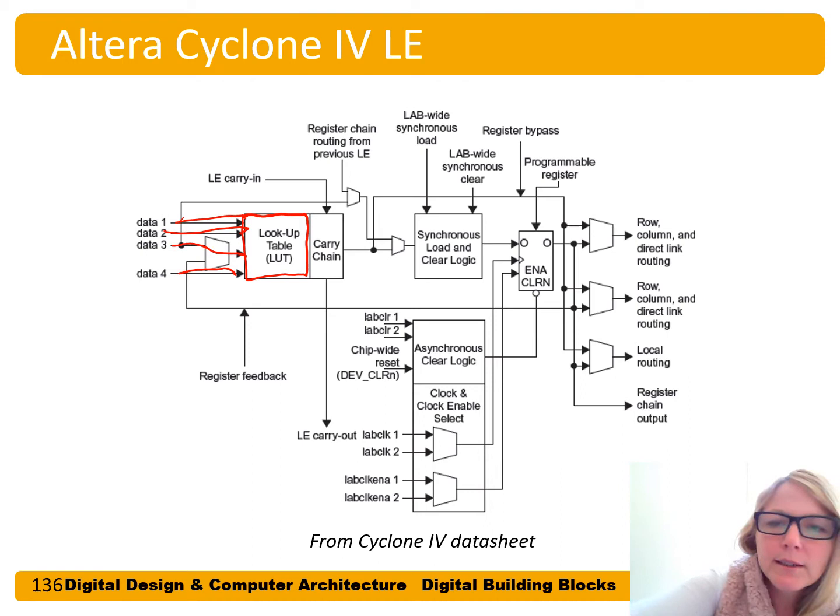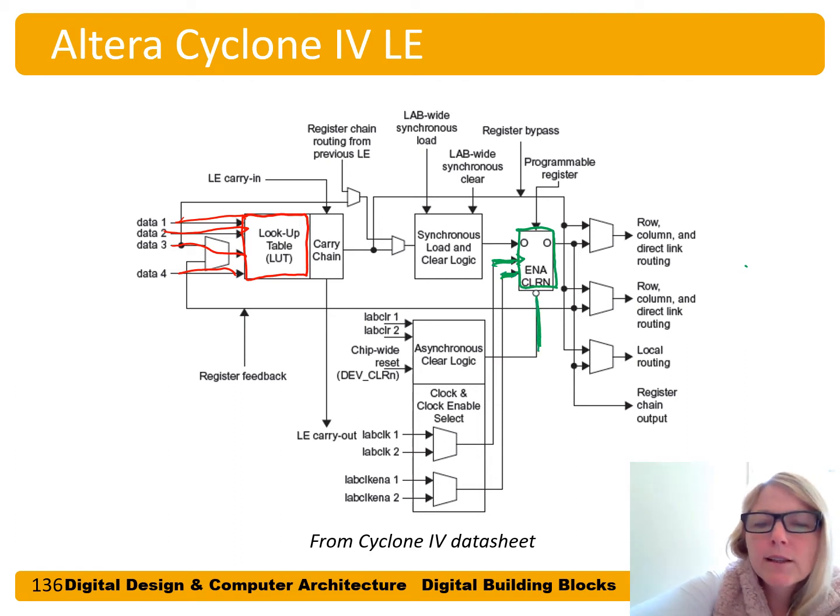Here in green, we have our flip-flop that has a clock input, an enable input, and a low asserted clear input, and then also has synchronous load and clear logic ahead of it. And so those two elements are the main elements of the LE, or the logic element. We have our lookup table and we have our register.